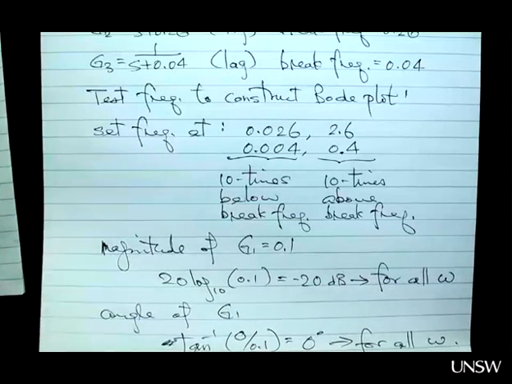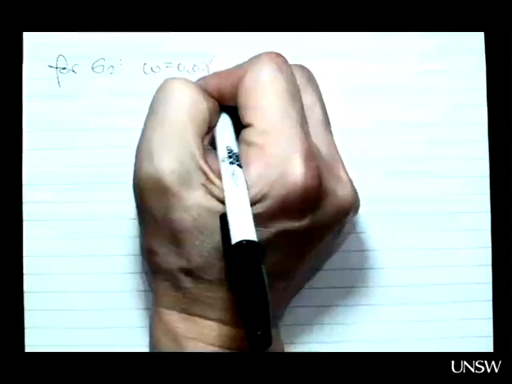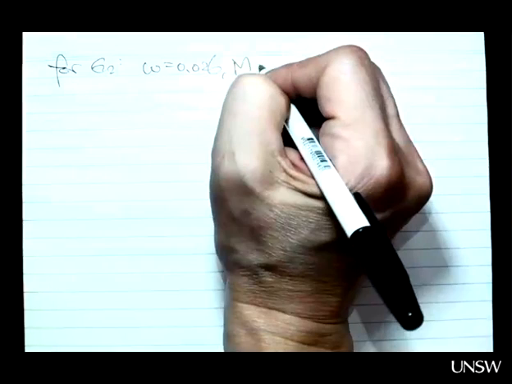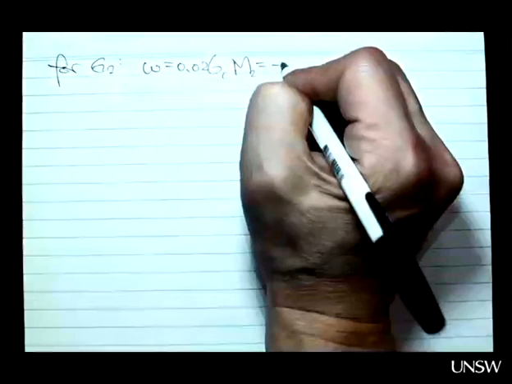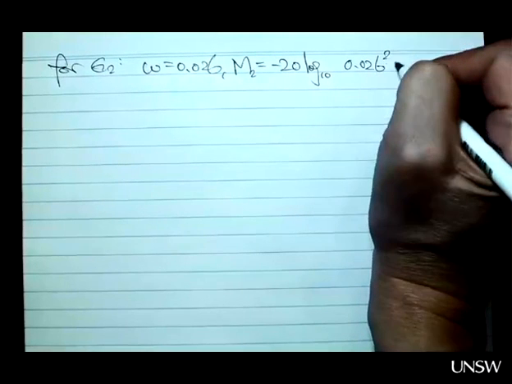Okay, and then for the other term for G2, when the frequency is 0.026, the magnitude is 0.004 over the square root of 0.026 squared plus 0.26 squared.